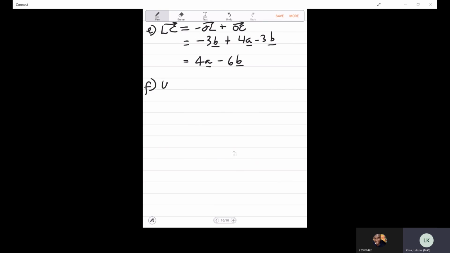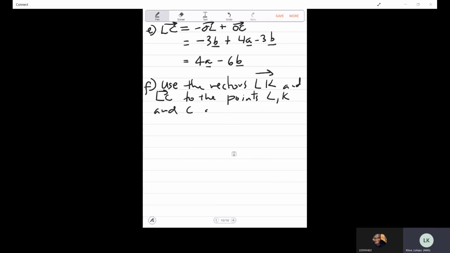says use the vectors LK and LC to show the points L, K and C are collinear.